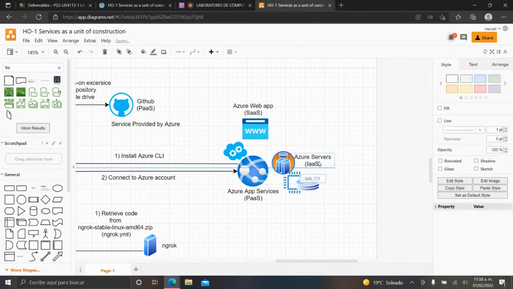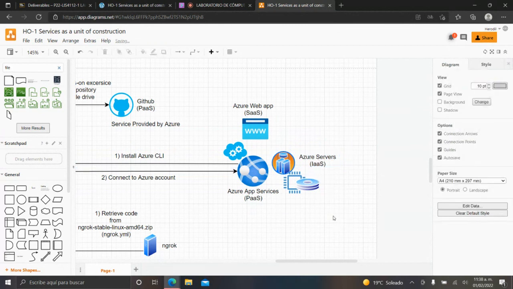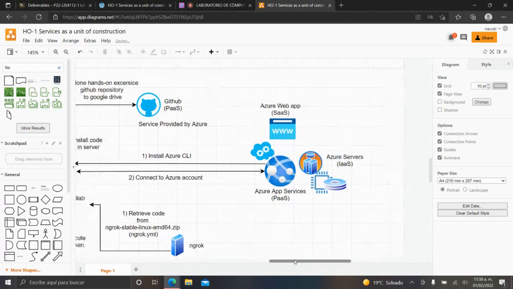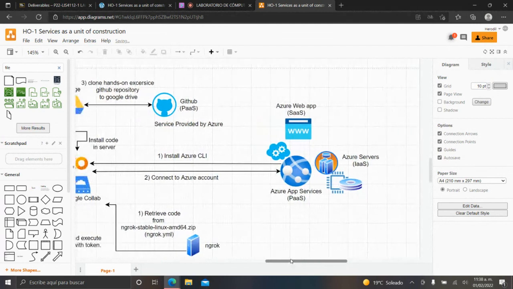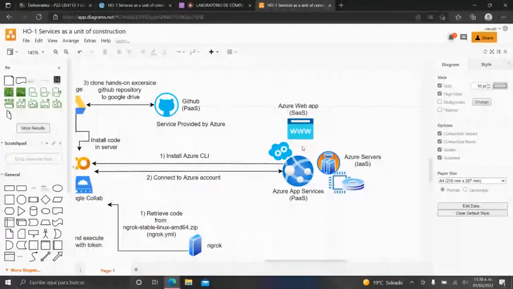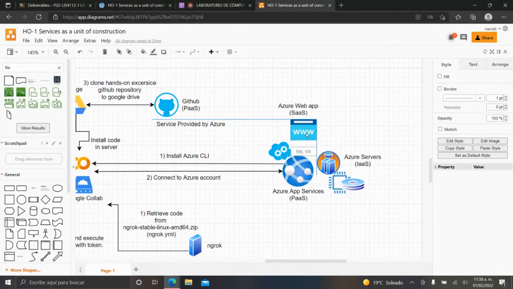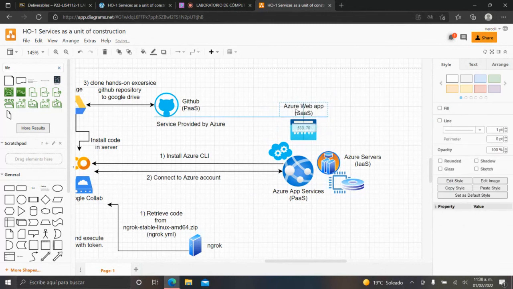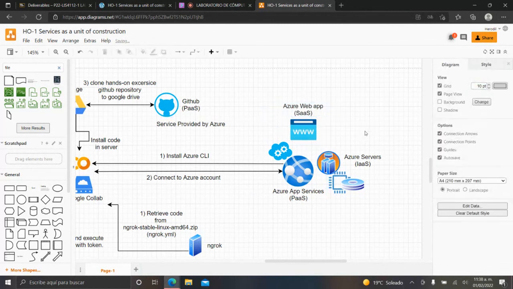It's an added value service. An added value service is one that is composed by other services. And also the Azure web app is lying inside the package, in the Azure servers that are allocated for you by Azure App Services.